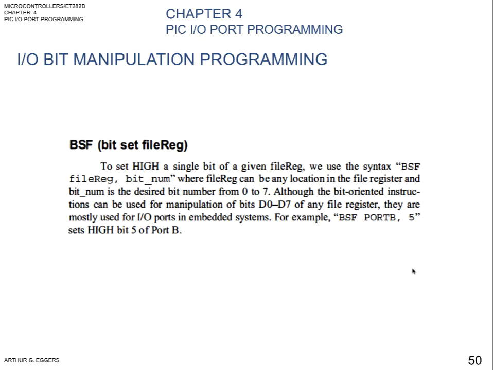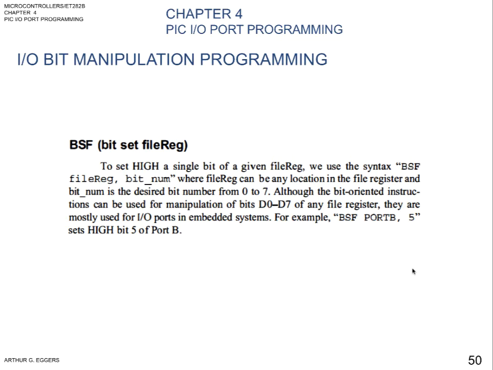We use the syntax BSF, followed by the file register and then whatever the bit number happens to be, because we are operating at the bit level, where the file register can be any location of a file register and the bit number is the desired bit number from 0 through 7 because we're dealing with 8 bits. Although the bit-oriented instructions can be used for manipulation of bits D0 through D7 of any file register, they're mostly used for I/O ports in embedded systems.